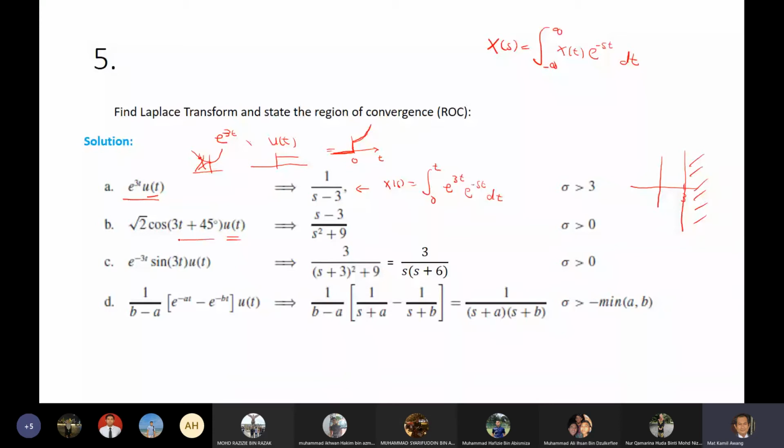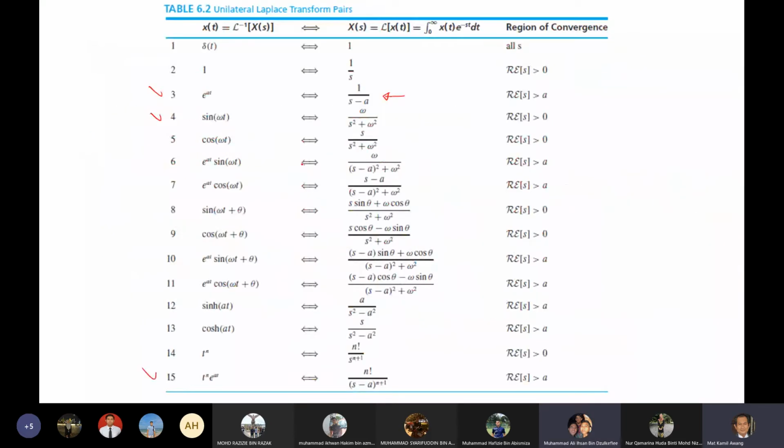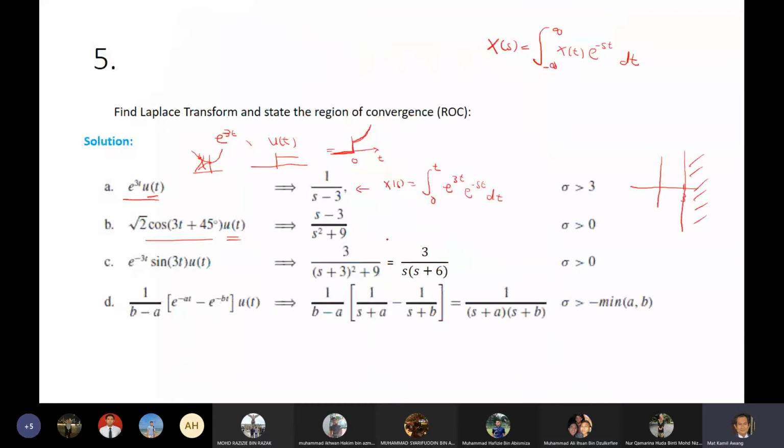So for this one, what is the transform? You go to the table. This one is cosine plus that cosine here. So this is s cosine theta, omega sine theta. So basically you use this.